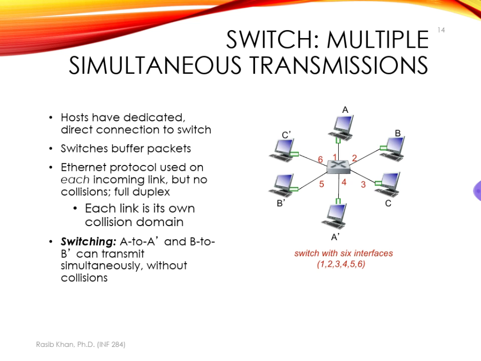In an example where A is sending something to A prime and B is sending something to B prime, they can transmit simultaneously without collisions because these are independent collision domains.